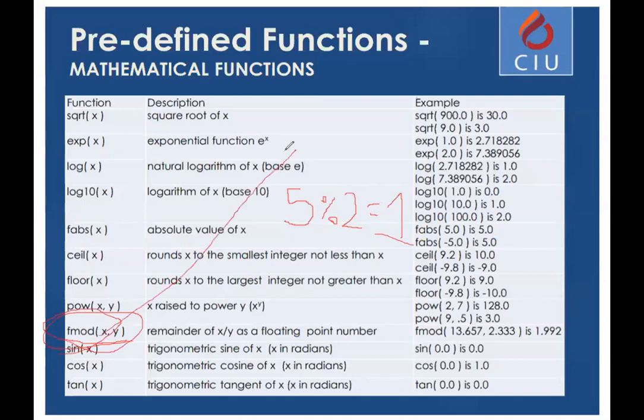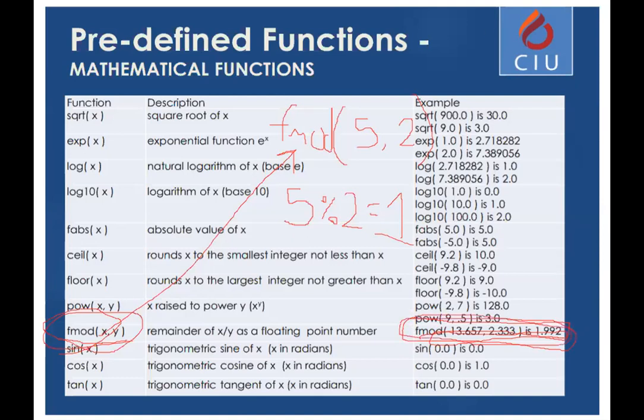So in order to do the same operation, you just type fmod here, and inside the bracket, you just type whatever numbers you have. In this case, 5 and 2. And just like with the other functions, this will return you a decimal number, because not always the number that you are supposed to find is a natural number.